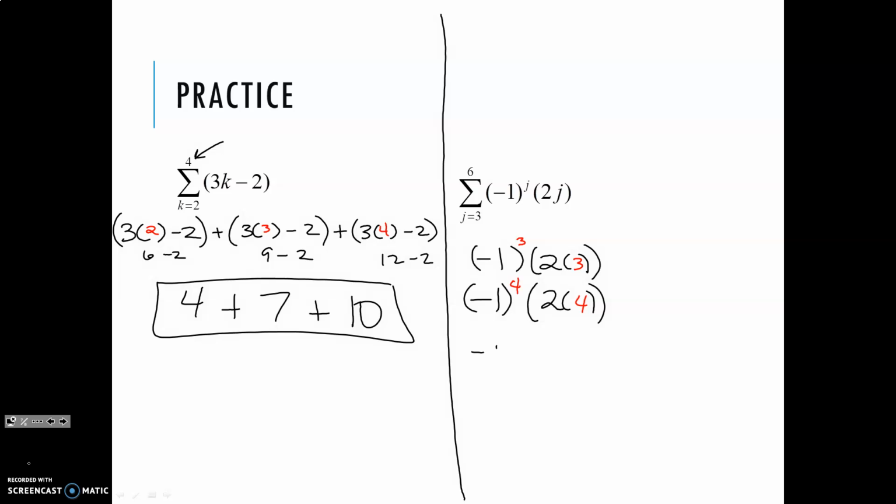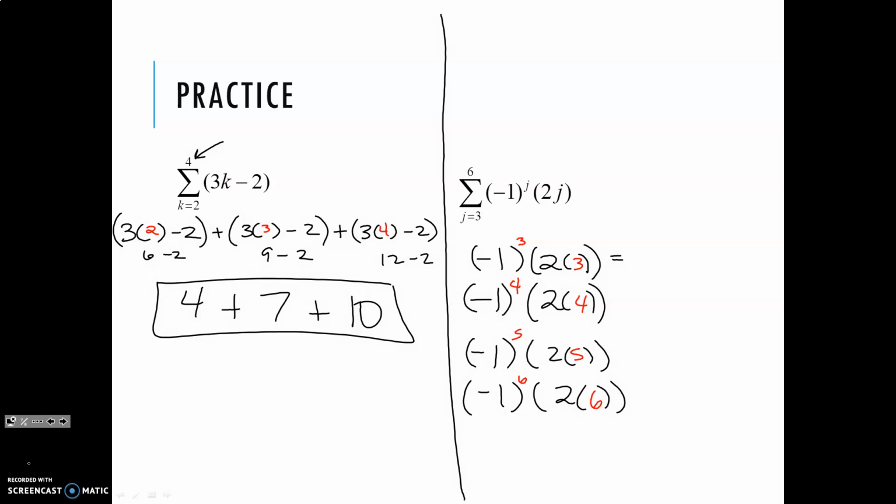And then we would go -1 to the 5th, 2 times 5, and -1 to the 6th, 2 times 6, and we would end there at your 6 because that is your top value, which means that is your end value. So some kids will write them vertically like this.